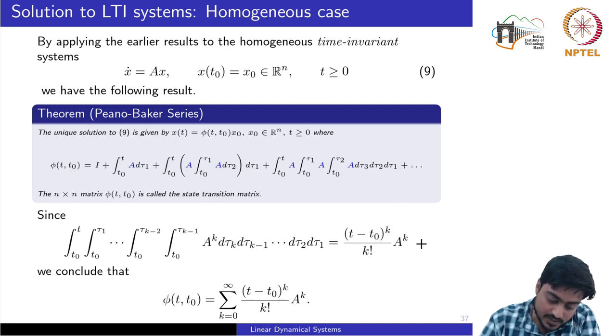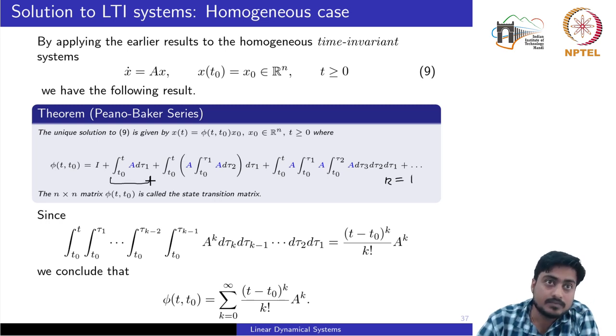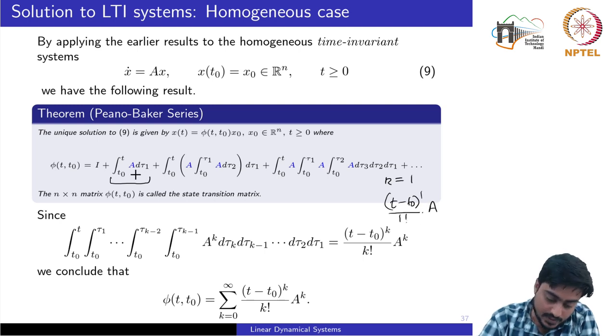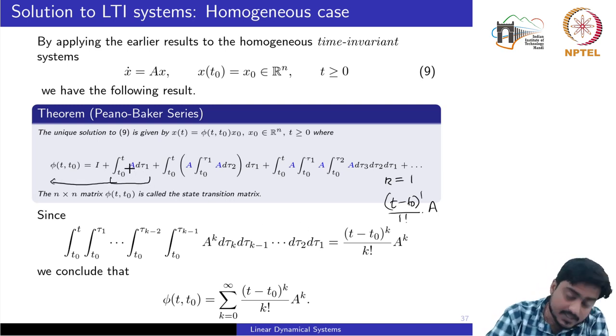So we can take one specific case. Just to better understand the kth term, let's consider k is equal to 1. If I put k is equal to 1, the solution would be (t minus t0) to the power 1 over 1 factorial into A. Notice here that since A is a constant matrix, I can take it outside the integral.